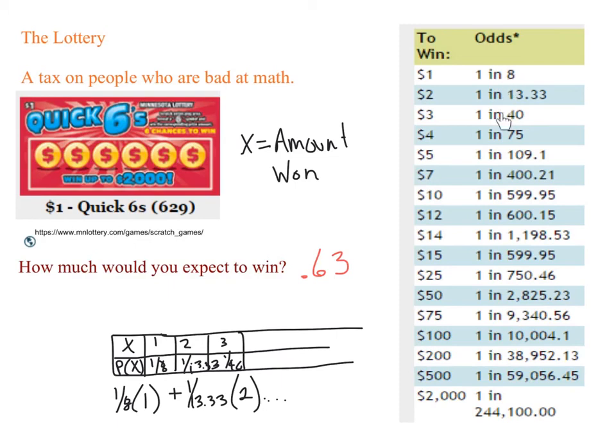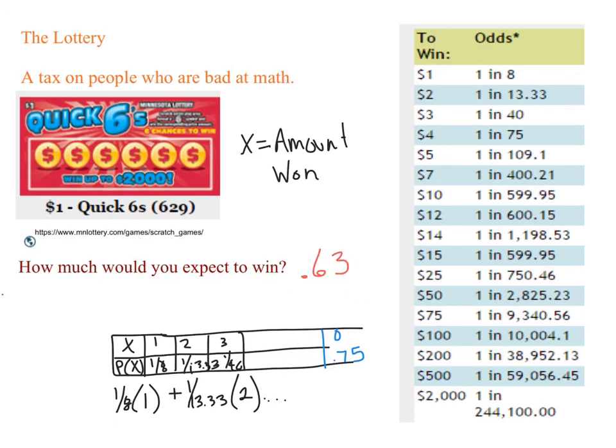But if you added all of these probabilities together and then did 1 minus that to get the complement, I'll just fill that piece in for you. The probability of 0 is 0.75. Okay, so you have a 3/4 probability of winning nothing on each ticket. And that's why the expected value is less.